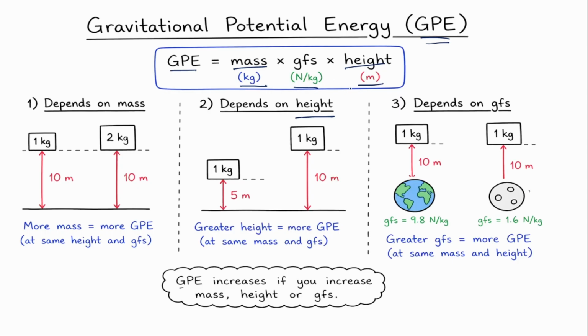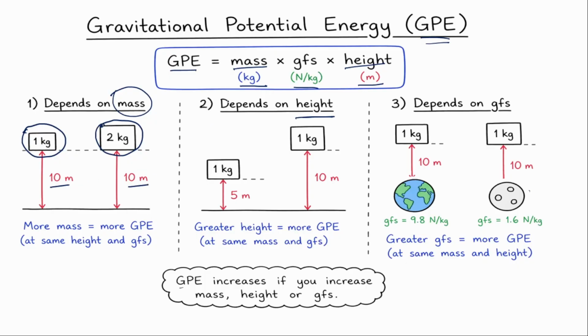So there are 3 things that affect GPE. First, the mass. If we increase the mass, the GPE increases. So a 2 kg object has more GPE than a 1 kg object for the same height.